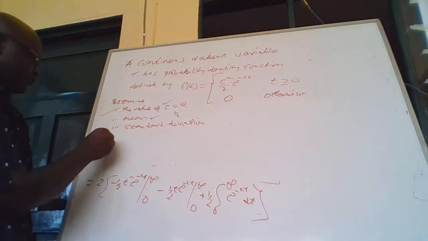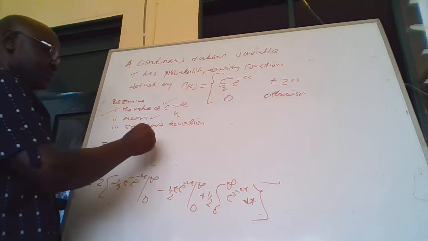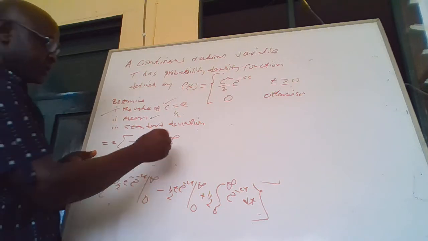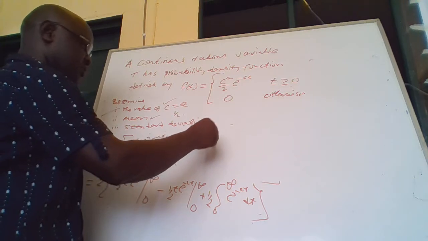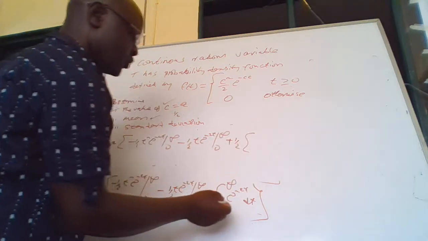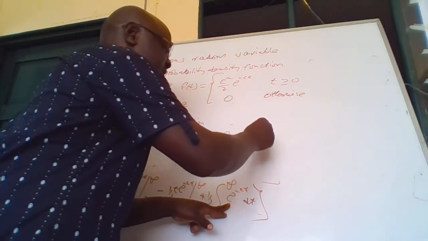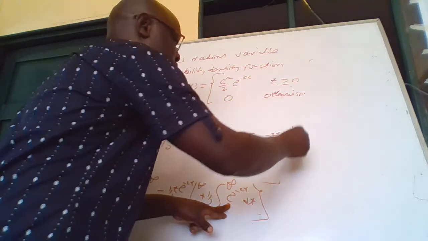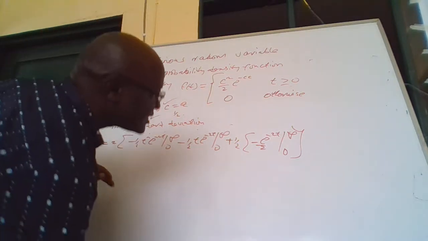So here we have 2 into minus a half t squared exponent minus 2t, then minus a half t exponent minus 2t, and then plus a half. When you integrate the exponent minus 2t, we get minus exponent minus 2t over 2. So we are through with integrating that.